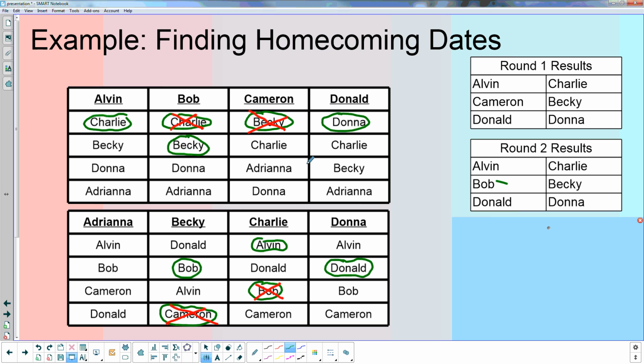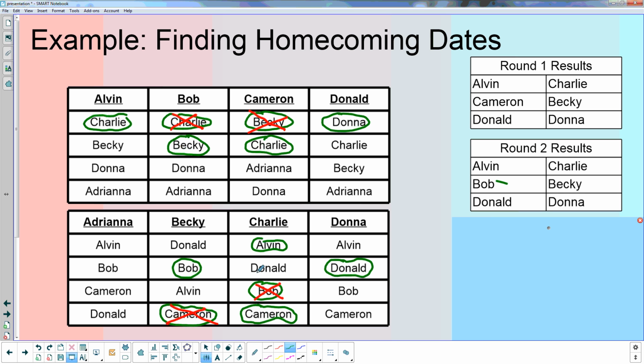For the third step, we notice that Cameron doesn't have a date yet, so he's going to propose to Charlie. And this is where it's important that in this round, again, Alvin proposes to Charlie as well.